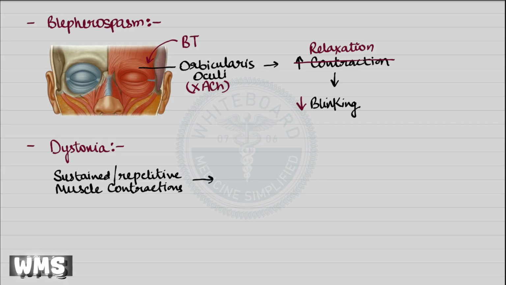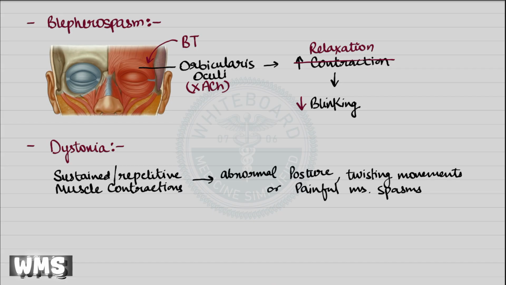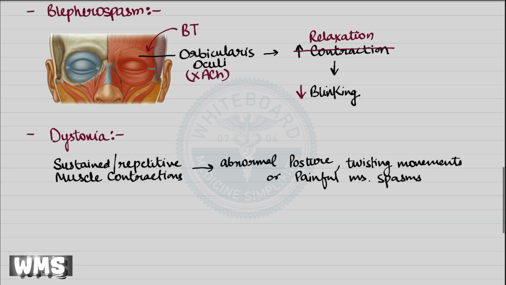These contractions can cause abnormal postures, twisting movements, or painful muscle spasms. The problem is not muscle weakness. The problem is excessive uncontrolled muscle activity. Therefore, Botox works by blocking the release of acetylcholine at the neuromuscular junction.